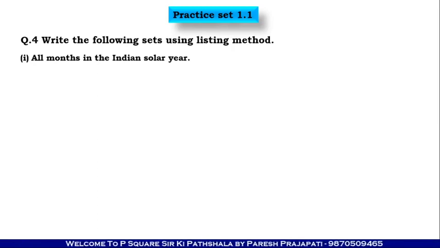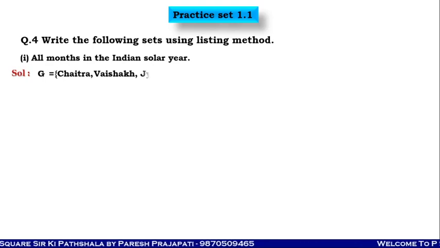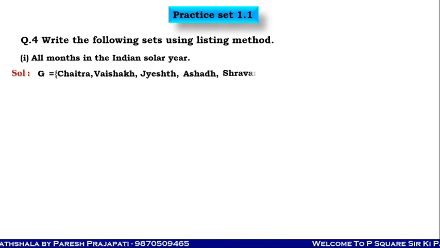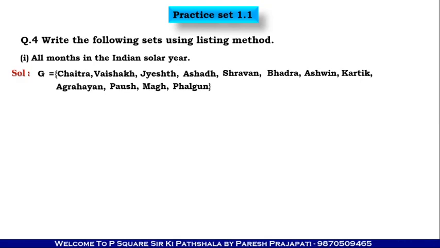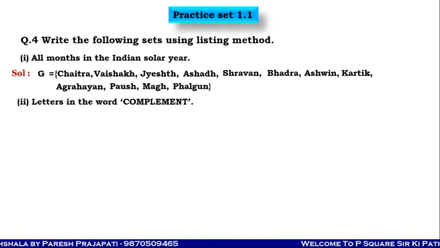Chaitra, Vaishakh, Jyeshtha, Ashadha, Shravan, Bhadra, Ashwin, Kartik, Agrahayan, Paush, Magh, and Falgun. So these are the 12 months in the Indian solar year.